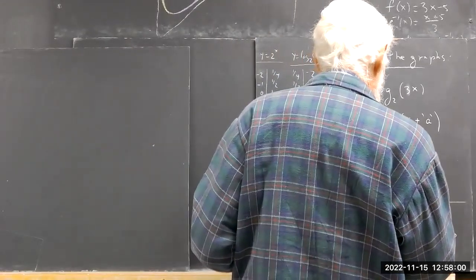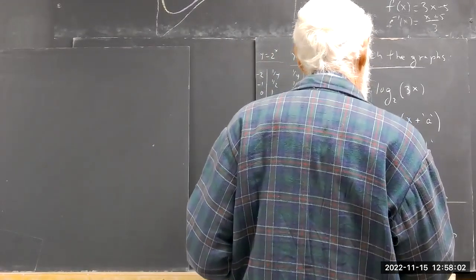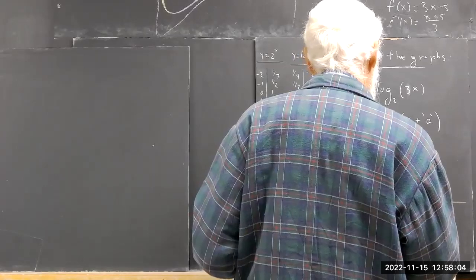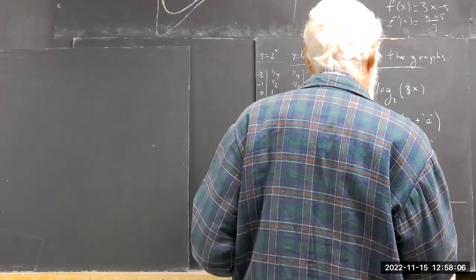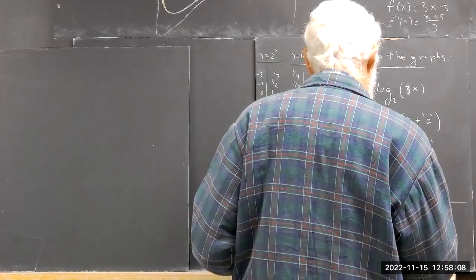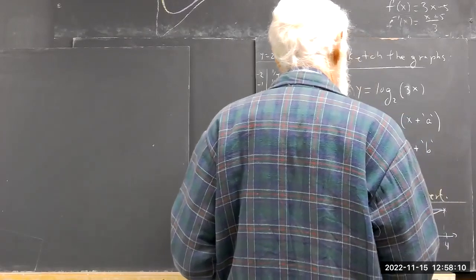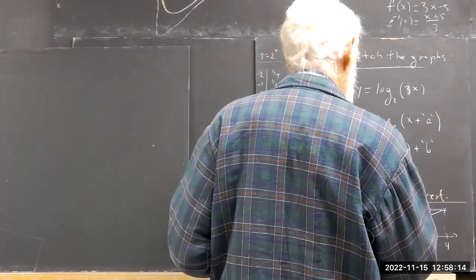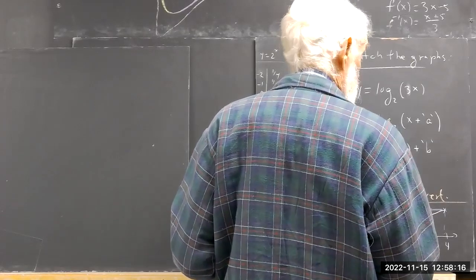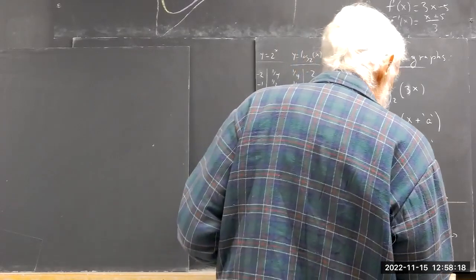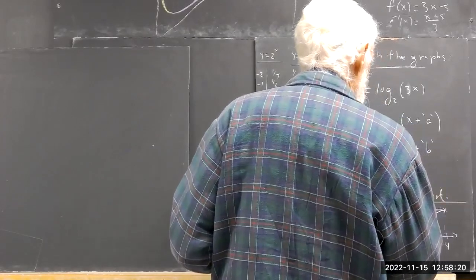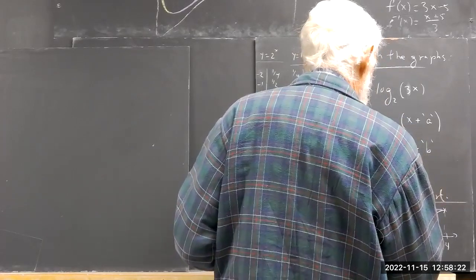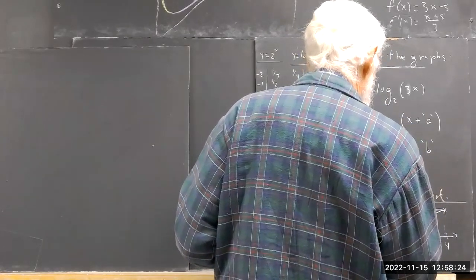So 2/3 might be about here. So we'll say that this is where x equals 2/3. This point will move here. Okay, x equals 1 goes to 1/3. I'm not going to mark that, but that goes over here.